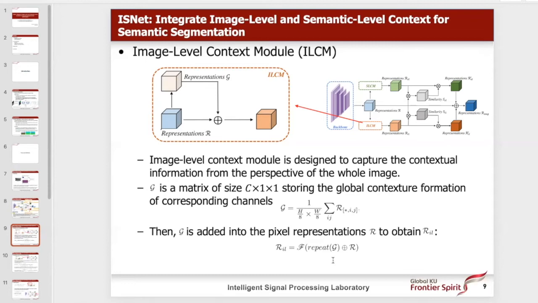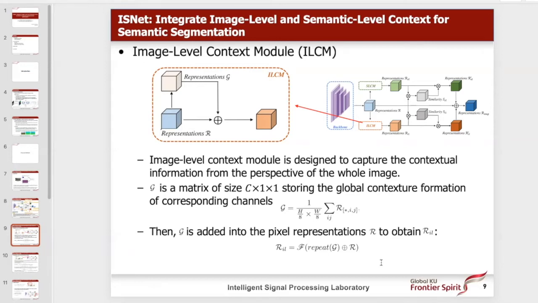And then you said that's F of repeat G. So what does it mean by repeat of G? What does that involve? Repeat is used to repeat the elements in the corresponding channels of G to make G have the same shape as R. Okay, so in other words, you're basically adding these mean values to representation R of each element?